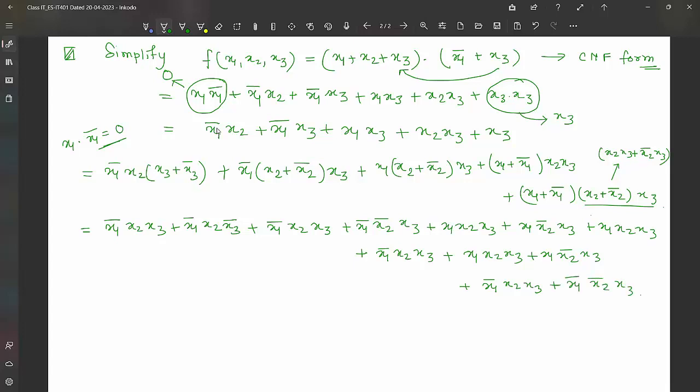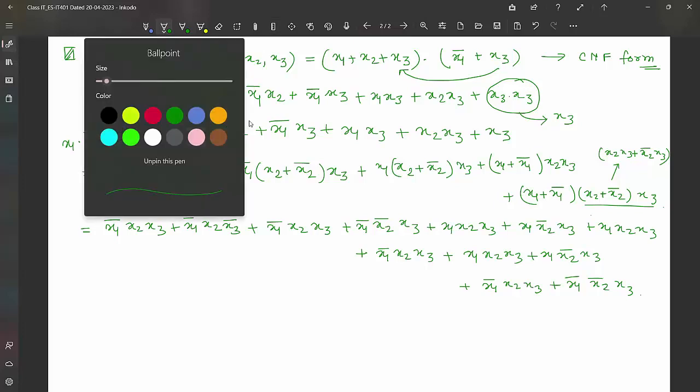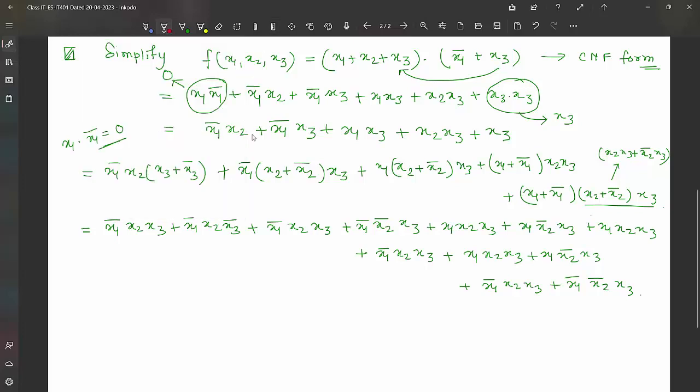So this is the whole expression after expanding the whole form. It is just one of the expressions needed for the calculation, nothing else.